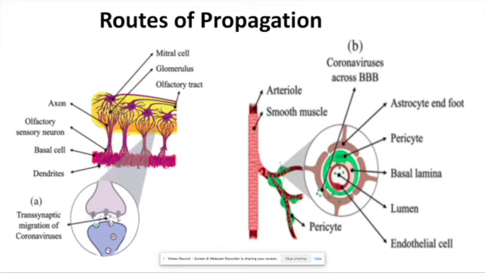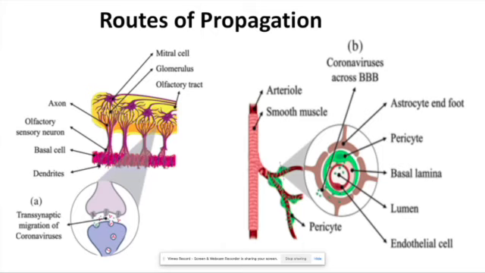Once they enter the nerves, they undergo what's called transsynaptic transmission. In other words, the virus uses the nerves to spread, and from there, it enters the bloodstream and the brain.